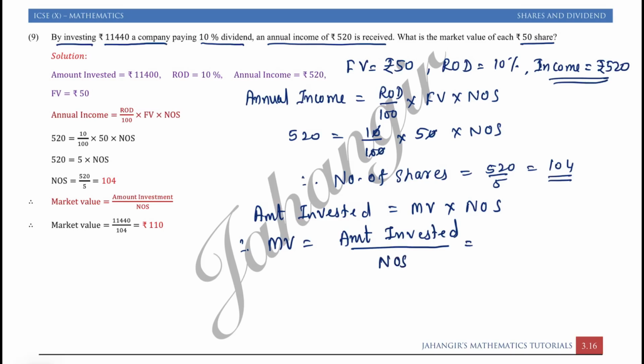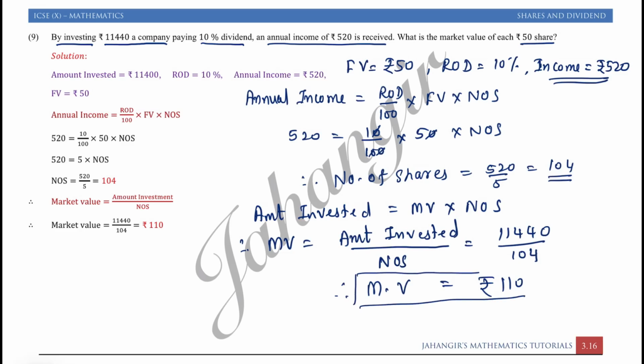So amount invested is given, it's 11440 upon number of shares is given as 104. So dividing it, you will get 110 rupees. So therefore market value is rupees 110.